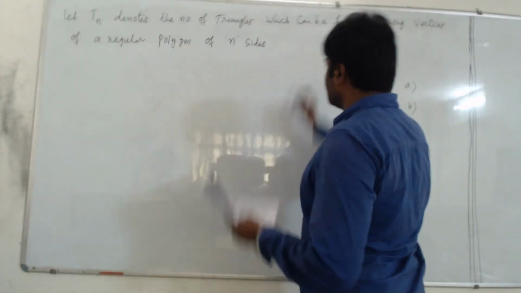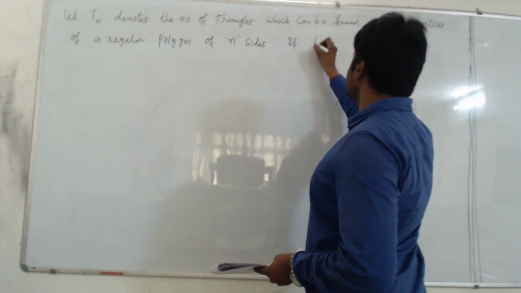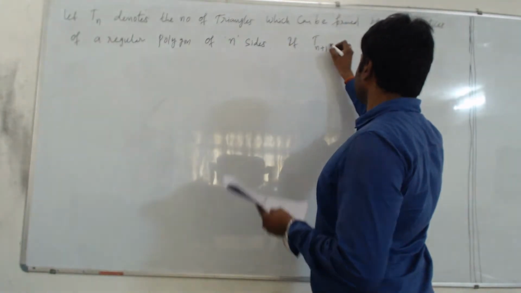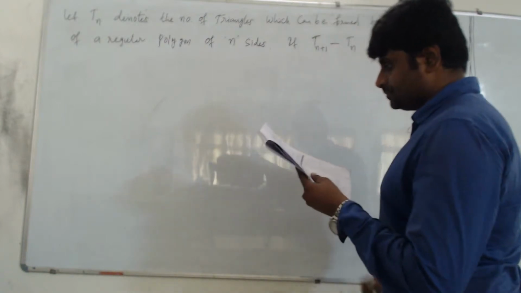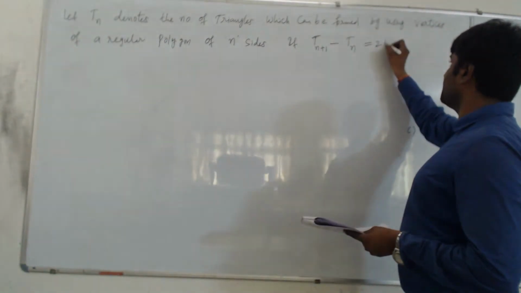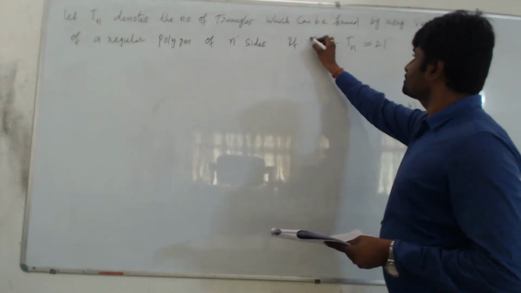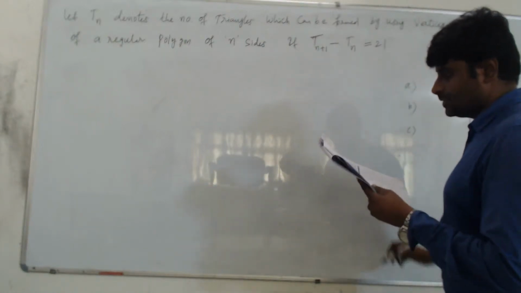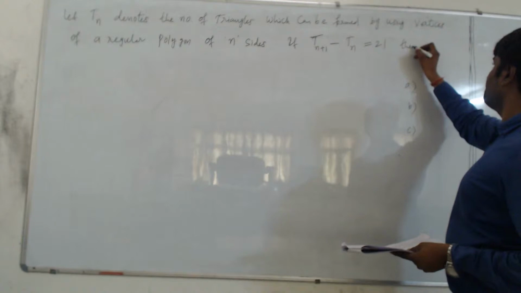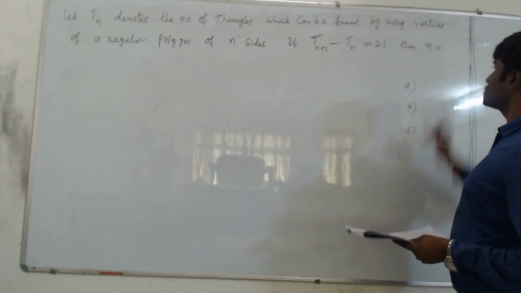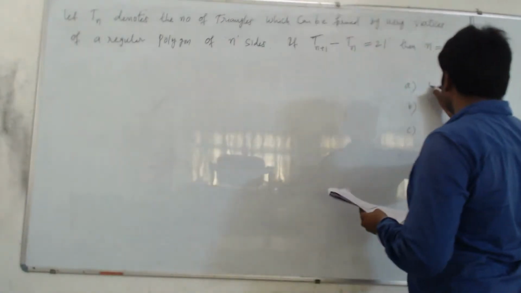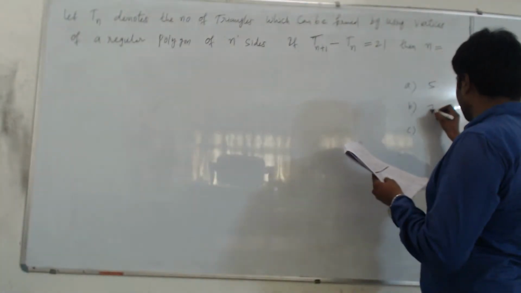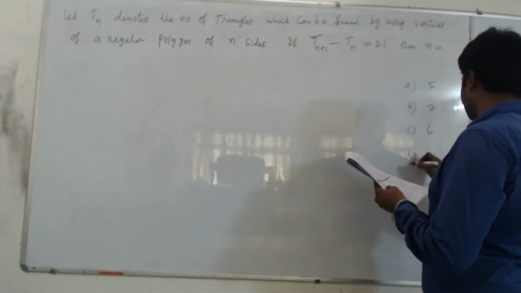Okay, if Tn plus 1 minus Tn equals 21, then n equals to, okay, so it's very easy, just we'll take the option there: 5, 7, 6 and 4.